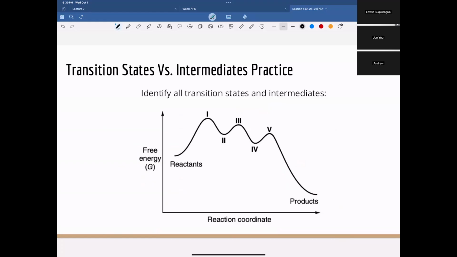So is it every single one that's pointing downward, the intermediate, and every one that's pointing upward, the transition state, all the time? Yeah, you can look at it like that. The peaks are transition states and the valleys are intermediates. So yeah, that's an easy way to identify these.